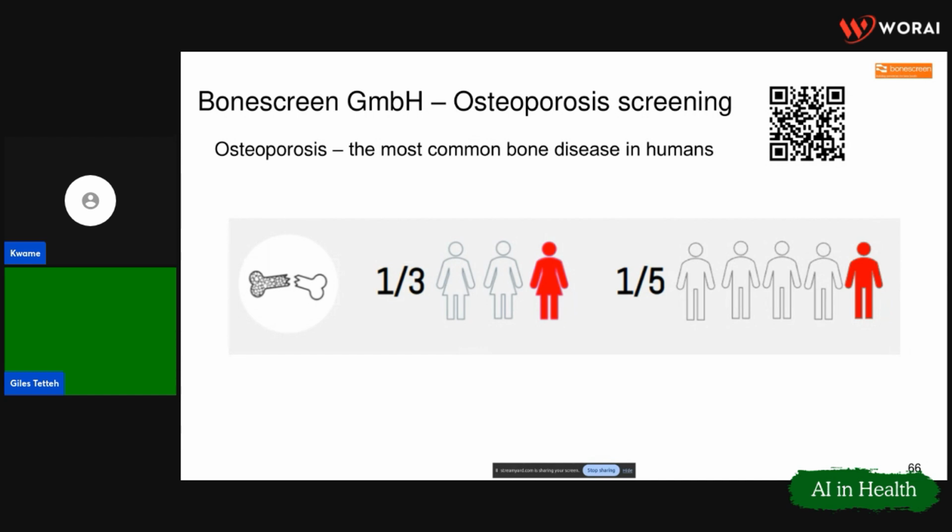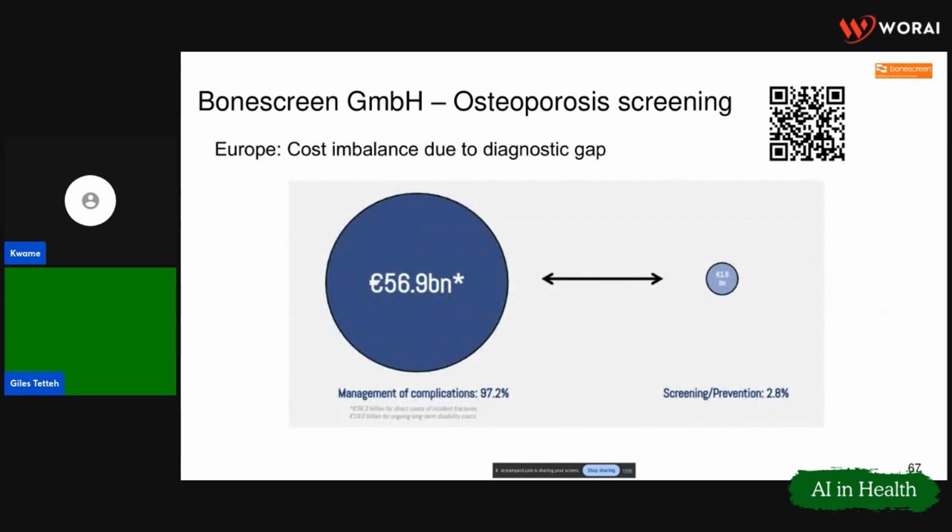Per statistics, 1 out of 3 women would have osteoporosis in their life, which is very high, and then 1 out of 5 men would experience this. Our motivation is that in diagnosis there is what we call a diagnosis gap.